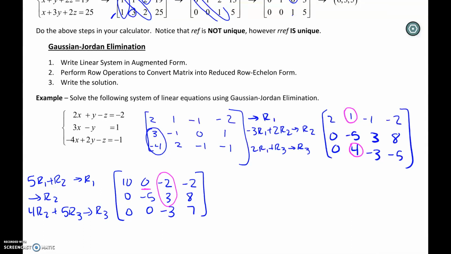So we're going to do -3 row 1 plus 2 row 3 to be my new row 1. Then we're going to do row 2 plus row 3 to be my new row 3. Then we're just going to leave row 3 alone.